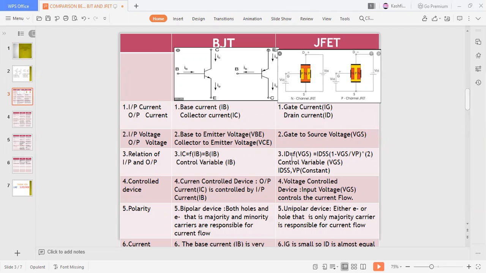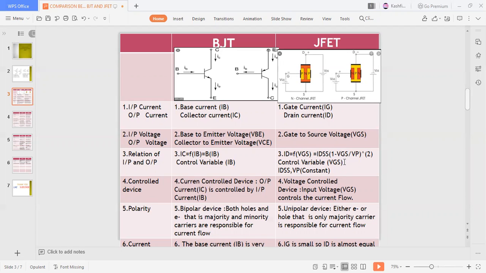But for JFET, the ID is a function of voltage VGS and ID equals IDSS multiplied by (1 minus VGS upon VP) whole square. Here IDSS and VP are constant. So the only control variable is VGS.